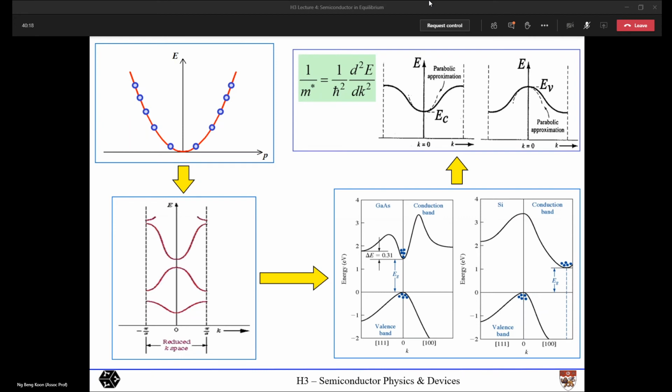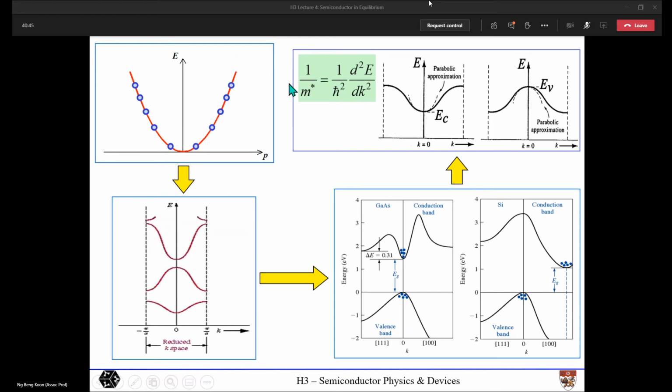We use this parabolic approximation so that you can put classical parameters like a mass quantity to describe its motion in the semiconductor. That's precisely where the effective mass comes from, in order to describe the motion without having to bother about the internal interaction with lattice atoms.